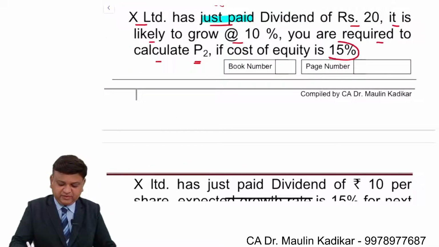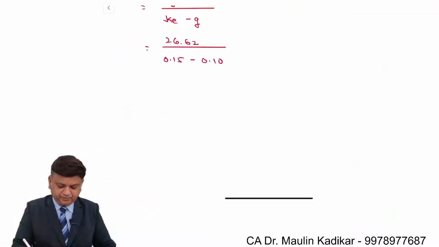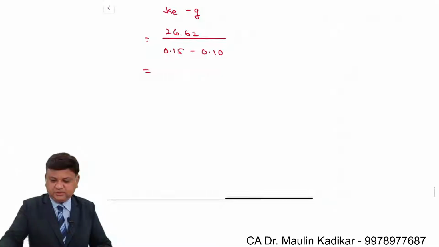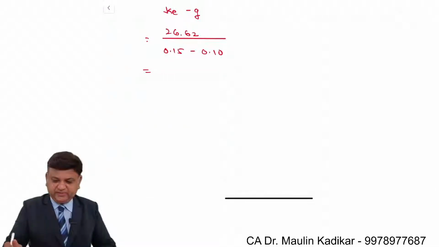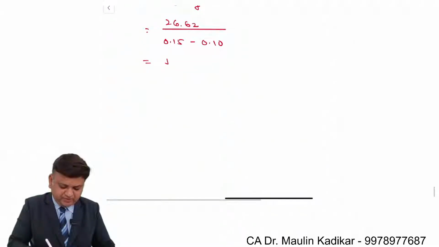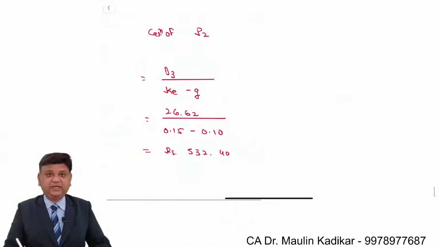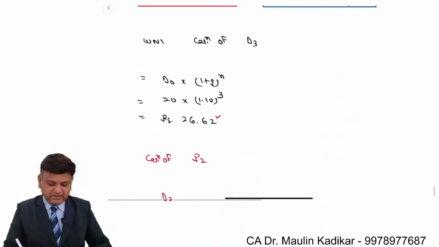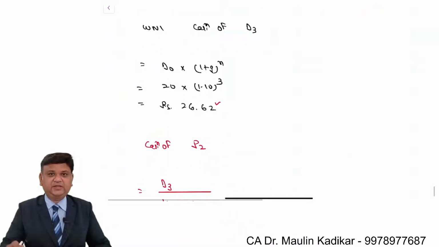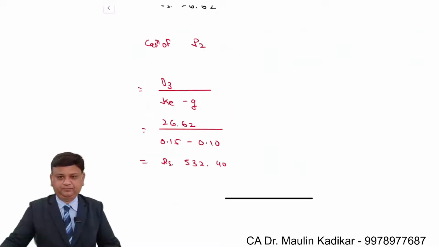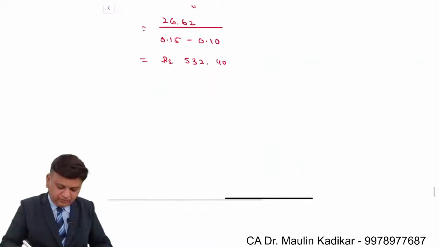Cost of equity is 15% and growth rate is 10%. So with that we can calculate the answer. 26.62 divided by 5% comes to rupees 532.4. This is the way we can calculate P2, that is, the price of equity share at the end of the second year. This is of year 2 end.